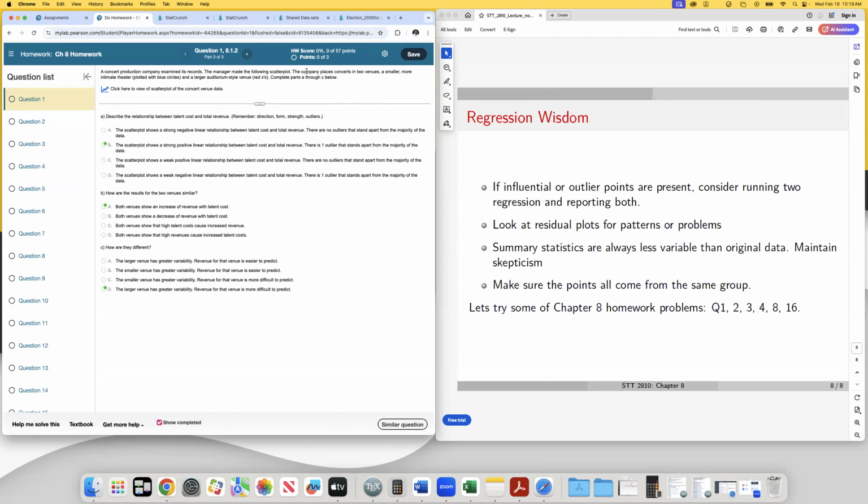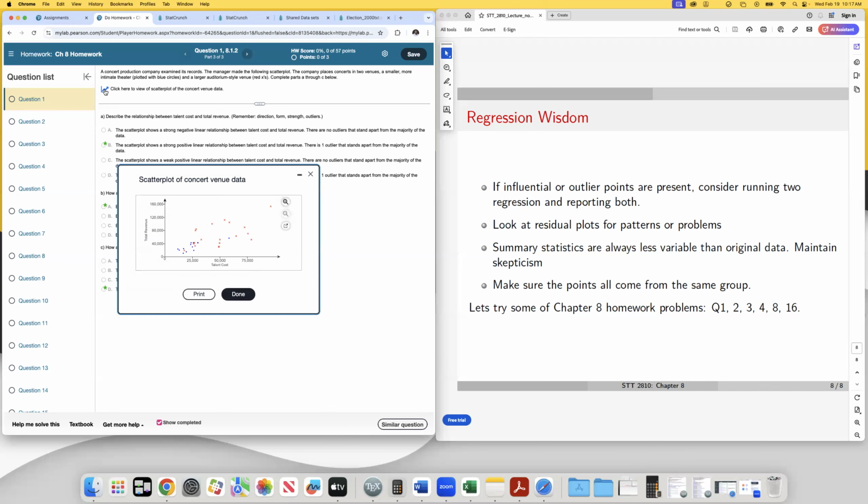The company places concerts in two venues, a smaller, more intimate theater, which is plotted in the blue circles, and then a larger auditorium style venue, which is in red.